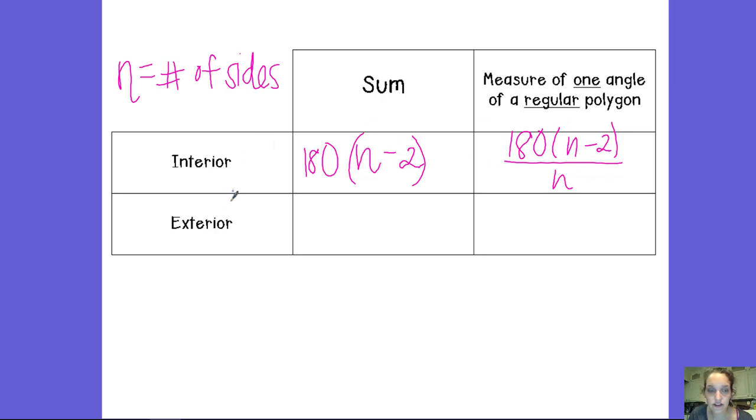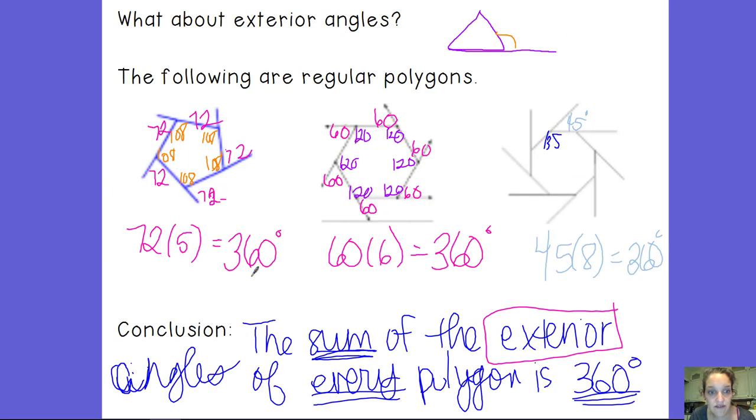Okay, we just learned from our little exploration that if you add up all the exterior angles of a polygon, no matter what, if it's regular or irregular, it's always going to be 360 degrees. No matter what, always 360 degrees. So if the total is always going to be 360 degrees, how are we going to figure out the measure of just one individual angle?